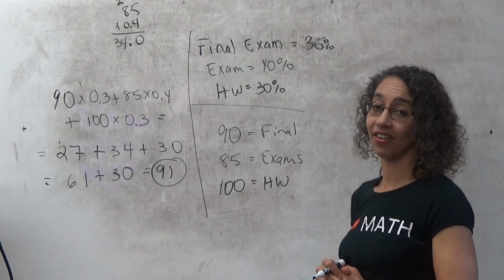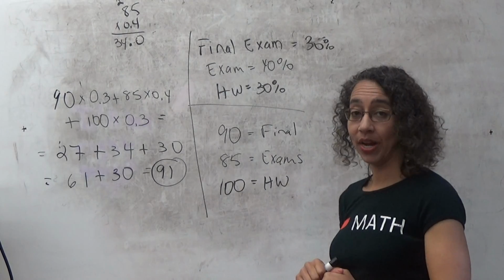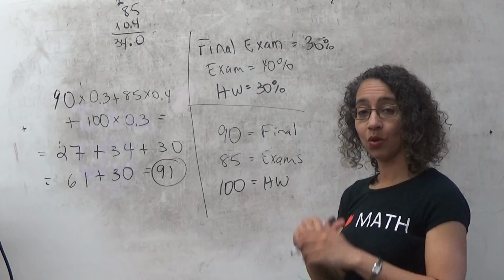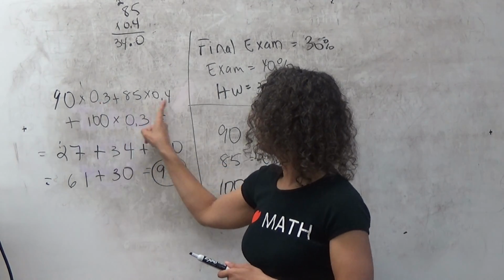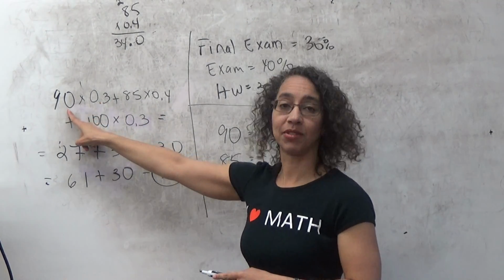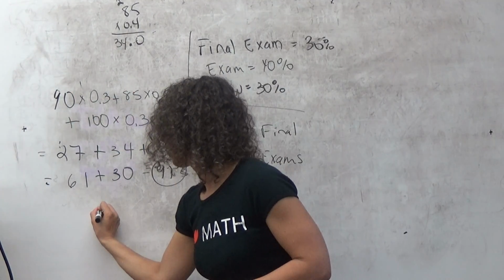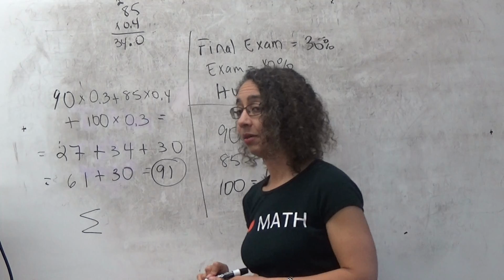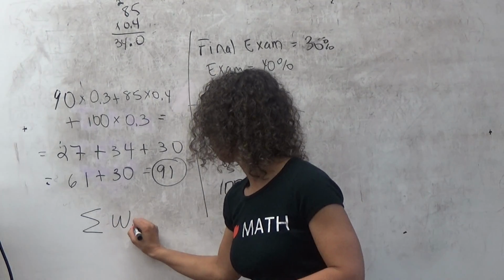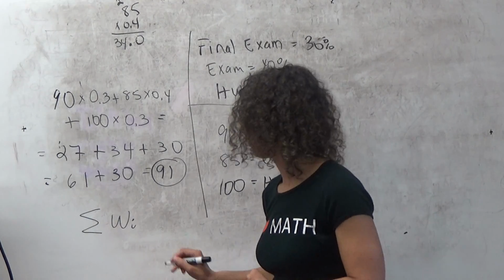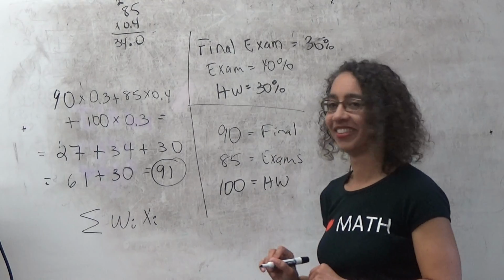I worked really hard. So in sum, if you want to find a weighted average, as long as the weights add up to 100%, you take each of the weights and multiply it times the value. The way we write that mathematically is with sigma for sum, we take each of the weights, W, with a little i because they could be different, times each of the numbers x sub i.